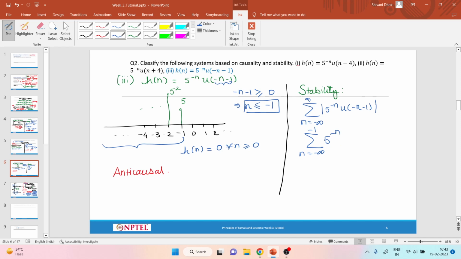I can replace minus n with m and change the limits accordingly. So this is m running from 1 to infinity, 5 power m, an increasing summation whose ratio is not 1, so it won't be converging. It is a diverging sequence, so this will tend to infinity, which means that this system is unstable.